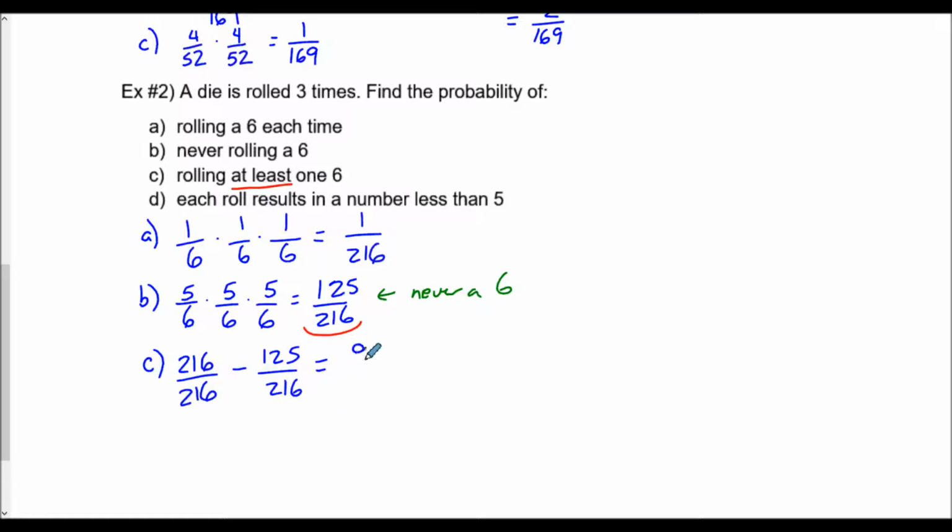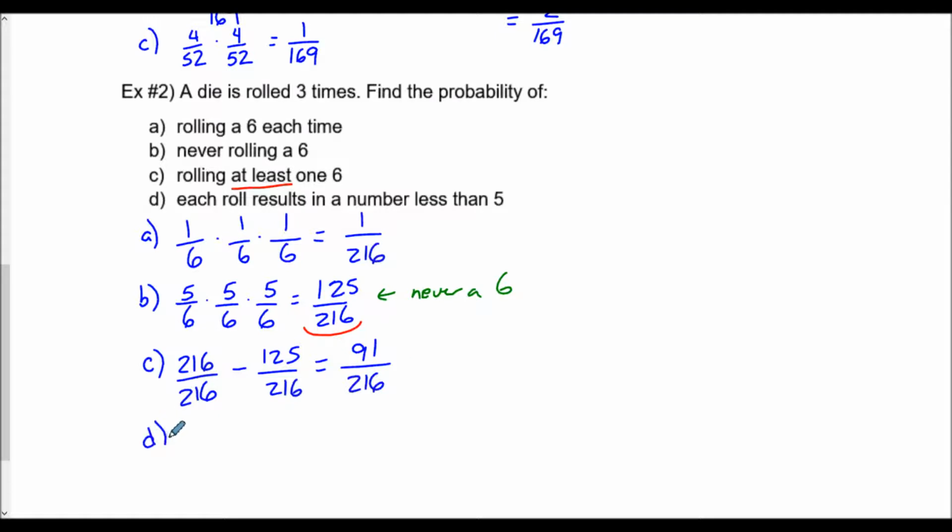Which means there'll be 91 chances out of 216 that you could have at least one 6. This 1 out of 216 would be the chances of them all being a 6. So that means that there will be 90 chances that you could have either 1 or 2 sixes rolled.